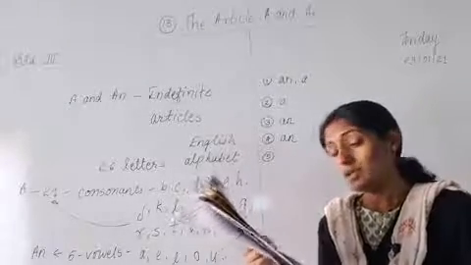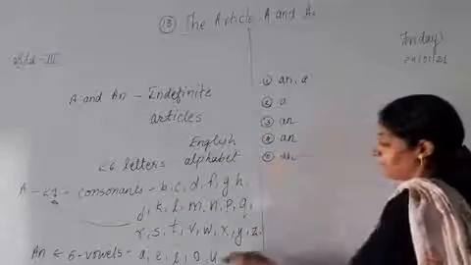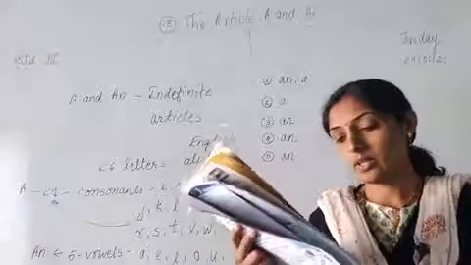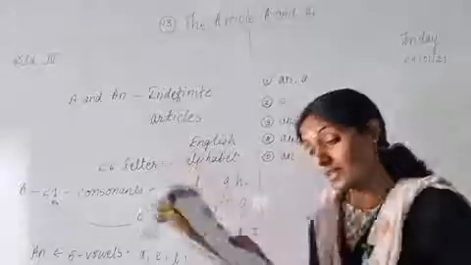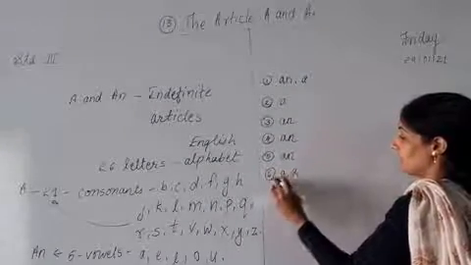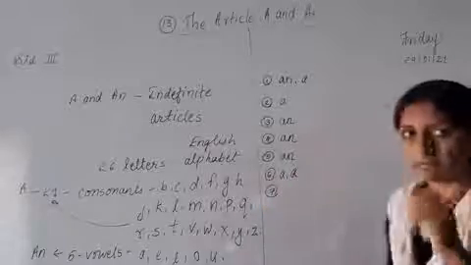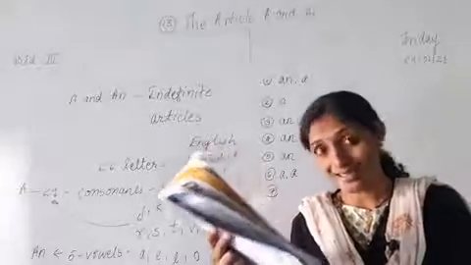Fifth one, here is an orange. The fifth answer is also an. Sixth one, Sita has brought a muffler and a sweater. The sixth answer will be a and a. Seventh one, we are looking for a hotel.